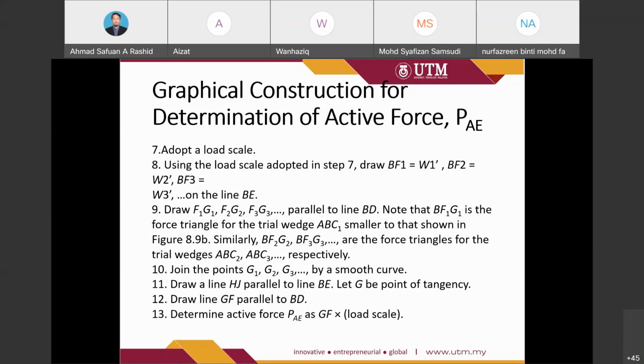Then adopt a scale, using the load scale adoption.